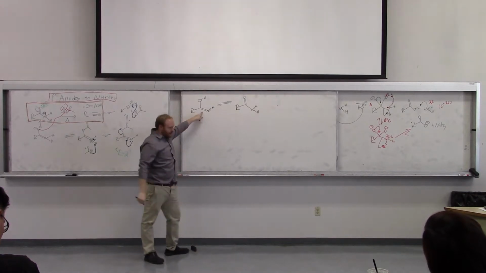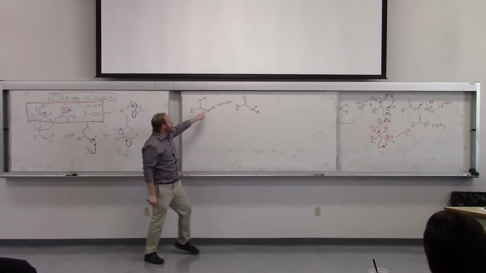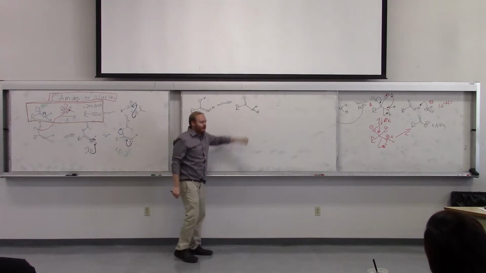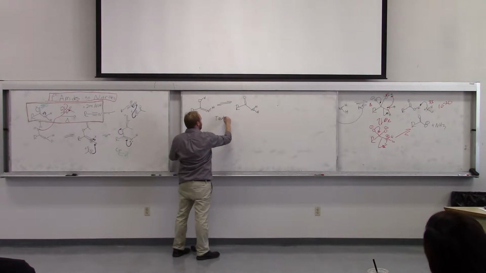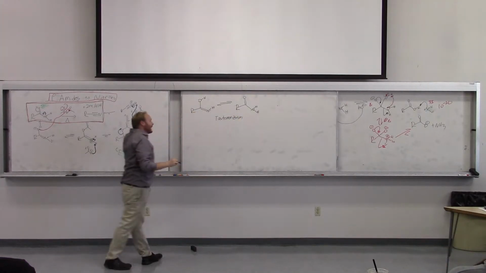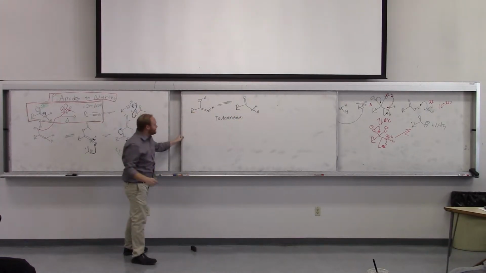And I told you guys this intermediate was in equilibrium with this amide, what we call a tautomerization. And the way a tautomerization occurs.